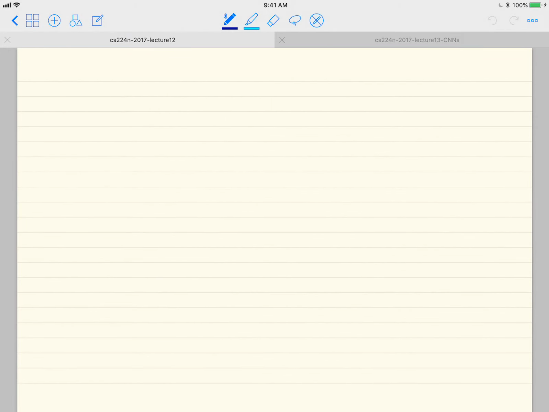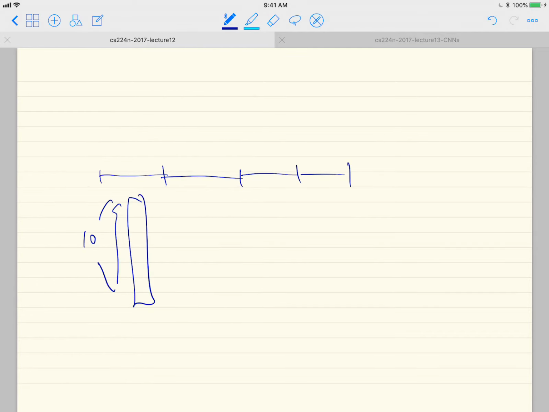So in the case of an LSTM based encoder of time domain signals, we will obtain the spectrogram that has, suppose we have a 10-dimensional vector that represents the frequency component corresponding to a particular frequency.